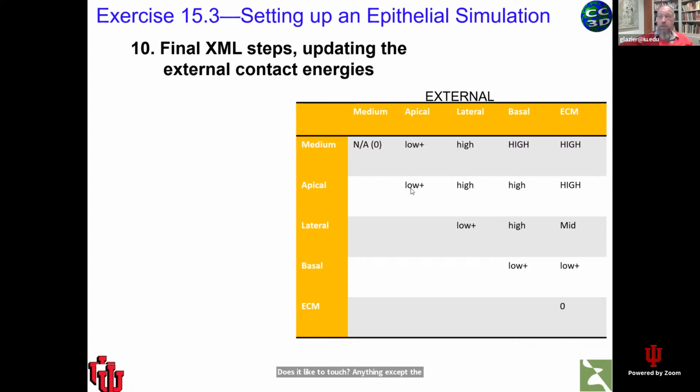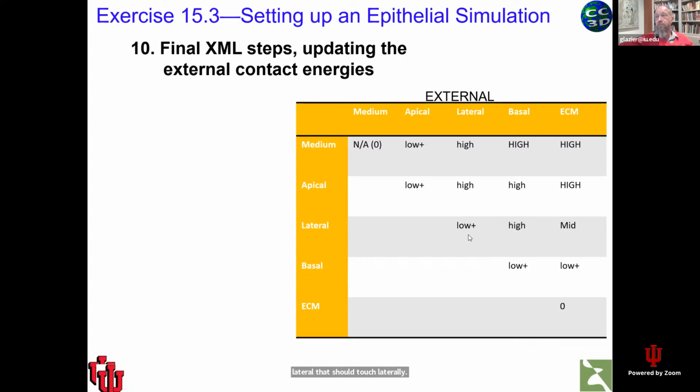The apical surface sticks to other apical surfaces, but is repelled by lateral and basal surfaces. Medium does not touch well with ECM, and it also repels, and apical surfaces also repel ECM. ECM wants to be at the top. It should touch medium, and it should touch lateral and other apical, so its own lateral. It should touch laterally the other apical surfaces.